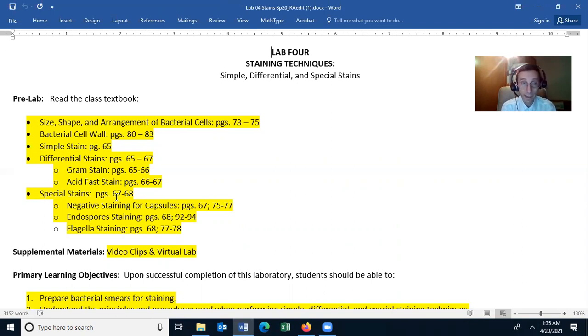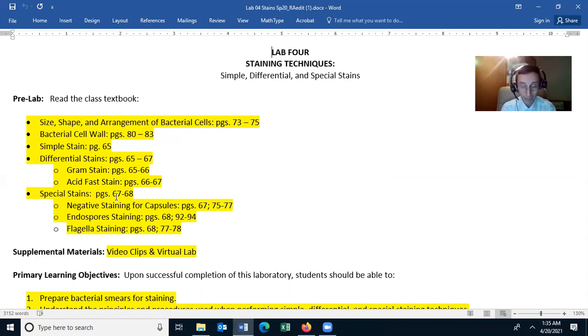A special stain is a stain that we use to stain special characteristics of cells. And an endospore stain would be a good example of that. It's a special stain designed to stain the endospores that can be in certain bacteria.